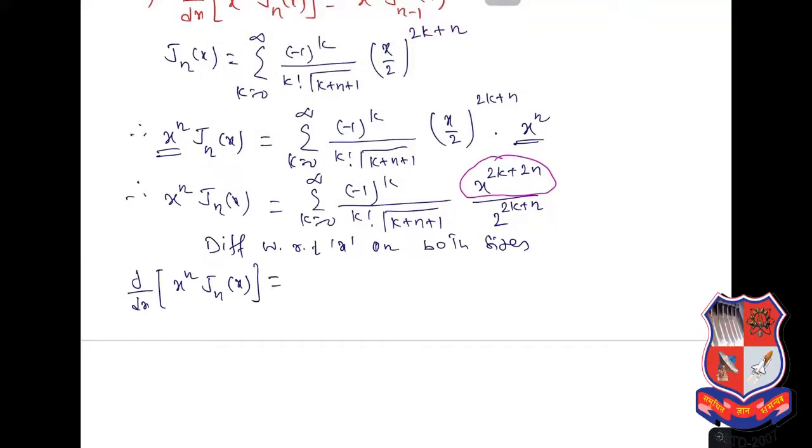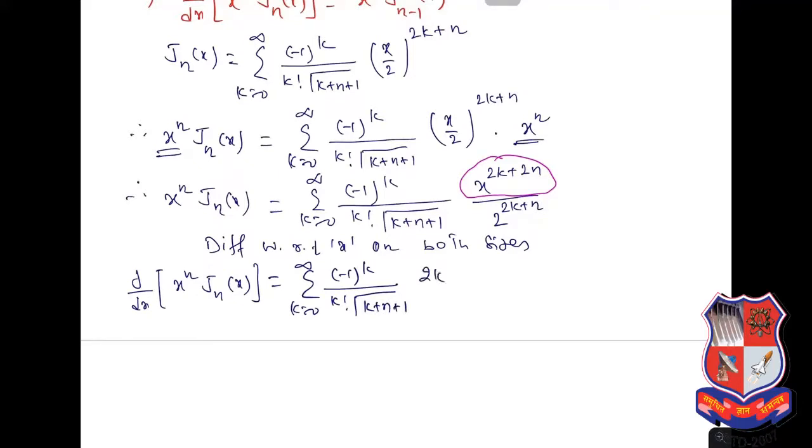So that is equal to the series k equal to 0 to infinity, minus 1 power k over k factorial gamma k plus n plus 1.